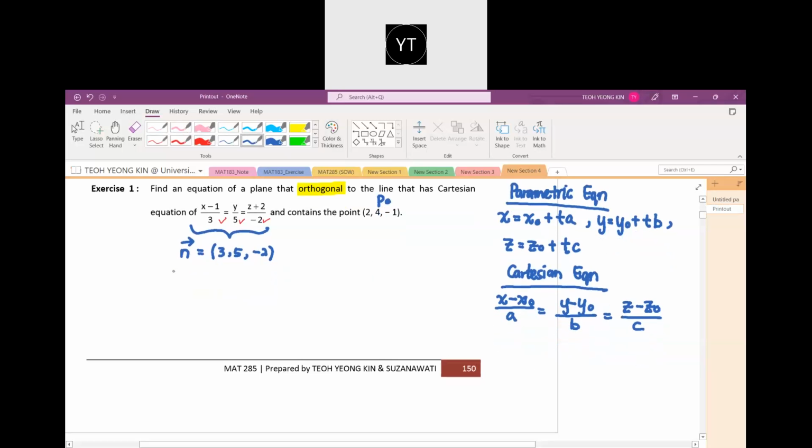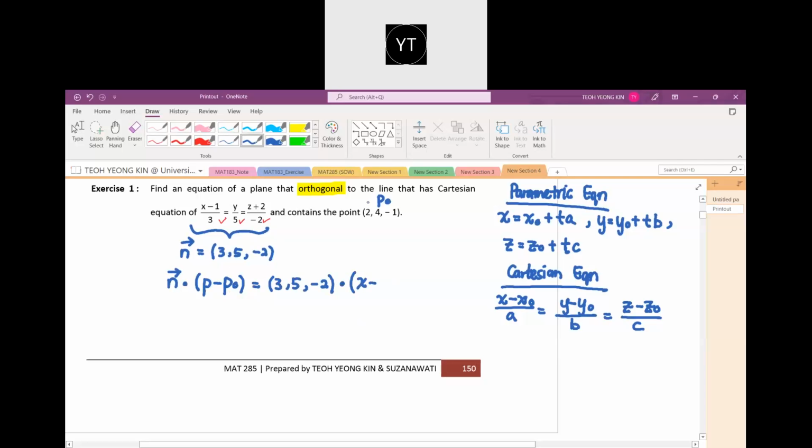Using the formula, the dot product of n with p minus p naught. Our n is 3, 5, and negative 2, dot product with p minus p naught. So p is x.